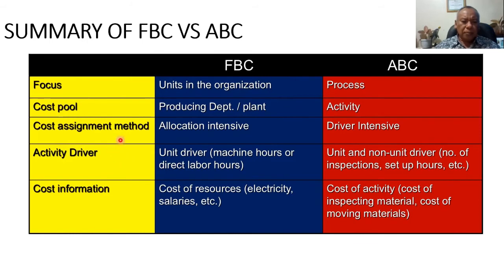The cost assignment methods in functional-based costing emphasize allocation methods, while activity-based costing emphasizes driver tracing methods.